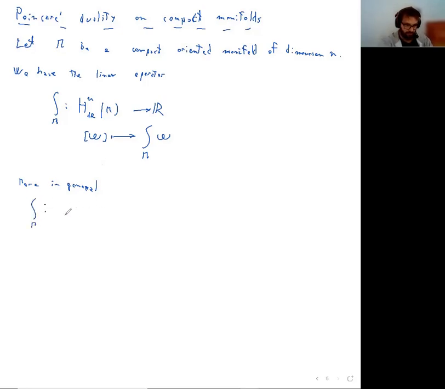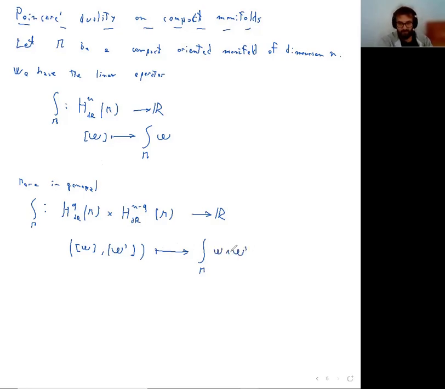So we still call it integration over M, but now we're thinking of H^q times H^{n-q} into R. And we take two forms, omega and omega prime, and we send it to the integral over M of omega wedge omega prime. But this is again well defined. Because first of all, this is an n-form, and if you change the representative here, the integral stays the same. This is also something that we checked already.